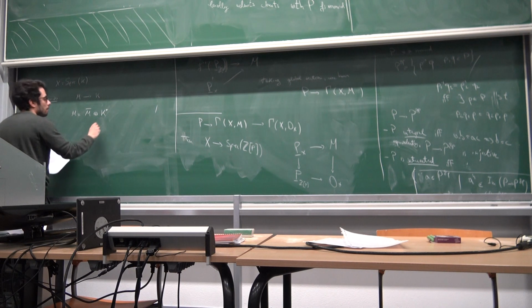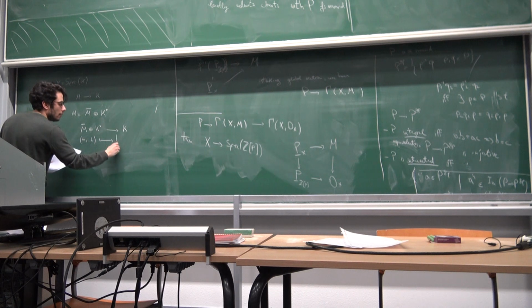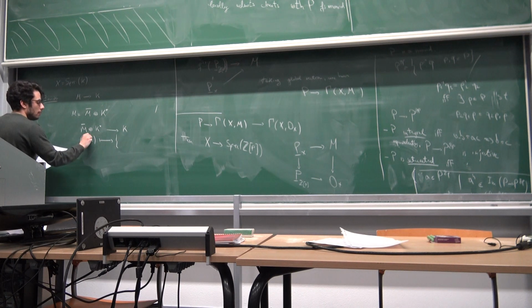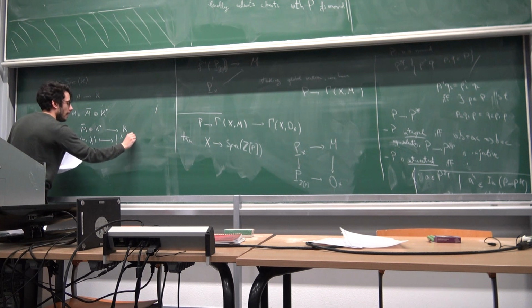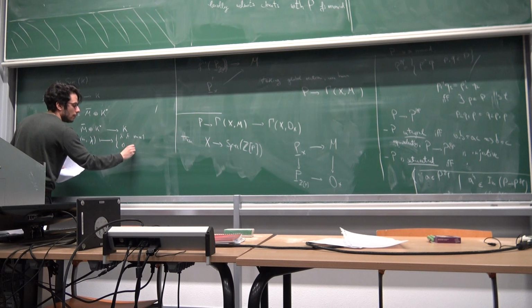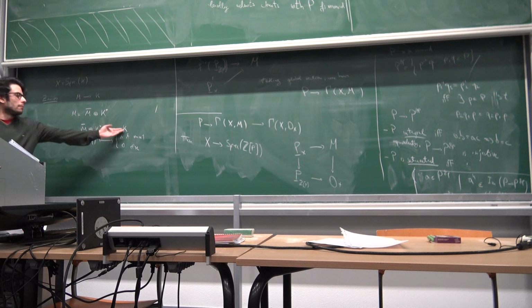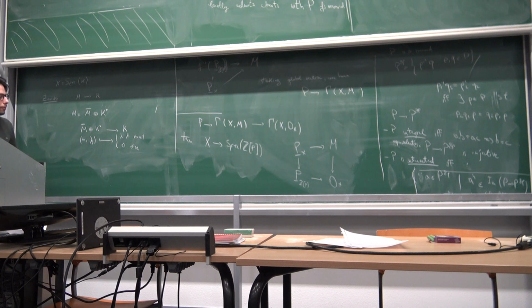The map from m bar plus k star to k is the projection if m is the identity, otherwise it's 0. This is because k star is the preimage of the units, and therefore everything else should be mapped to 0.